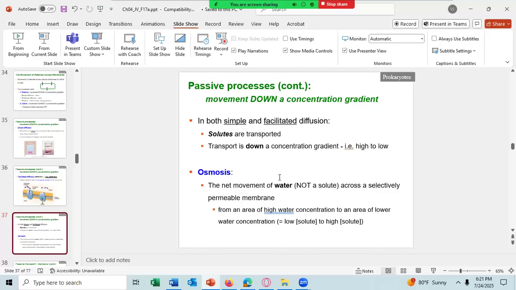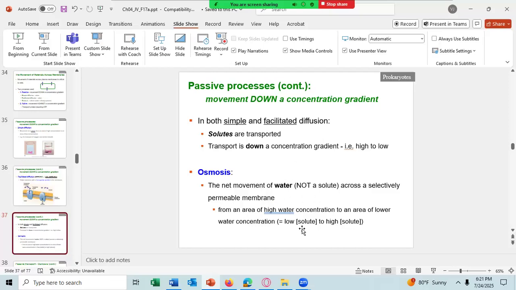Osmosis is always the movement only of water, or a solvent, across a selectively permeable membrane, where water moves down the concentration gradient. Realize that where water is higher, the solute concentration is lower.